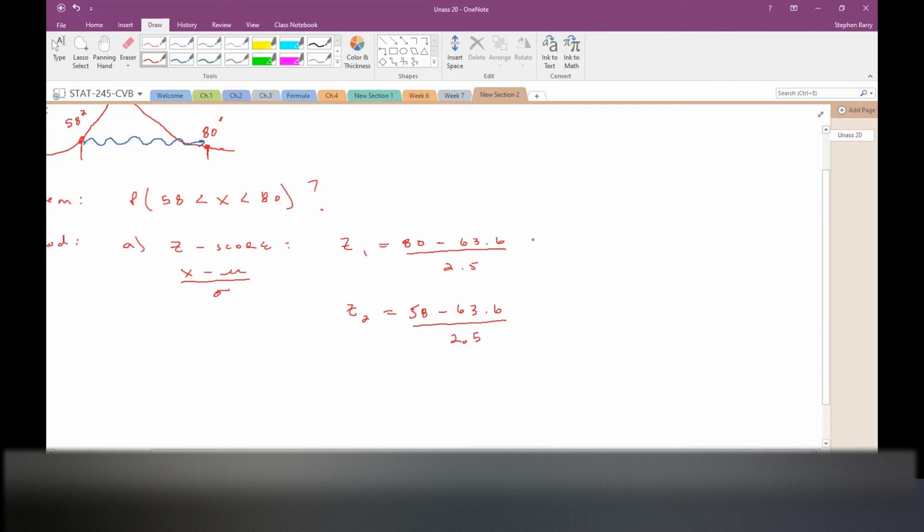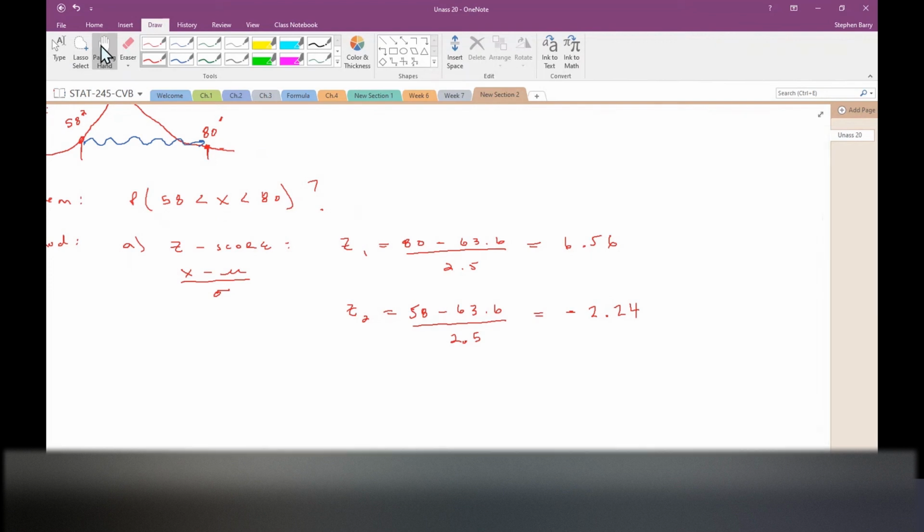I have a 6.56 here. That's huge. And then this one here, I have negative 2.24.